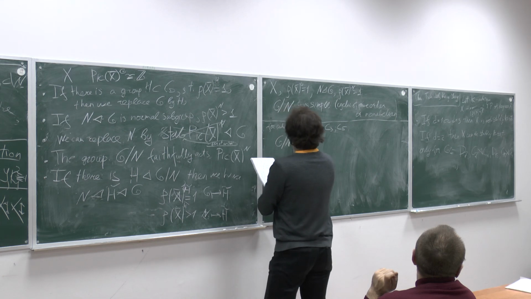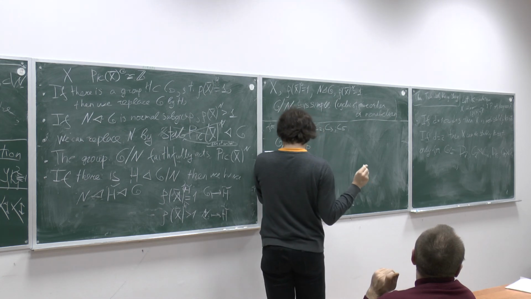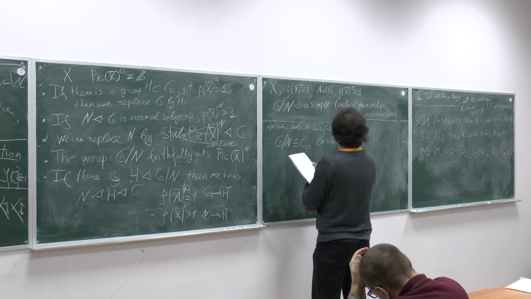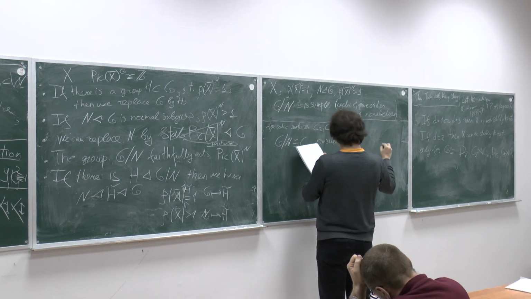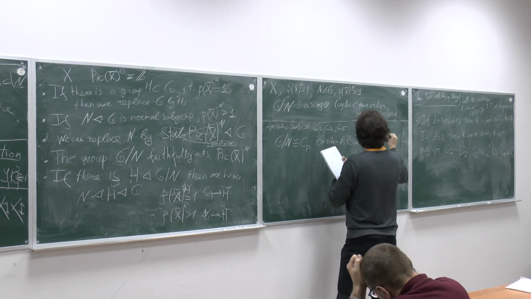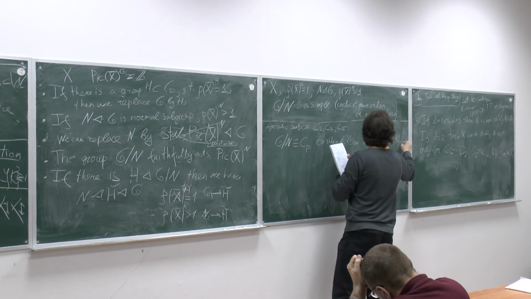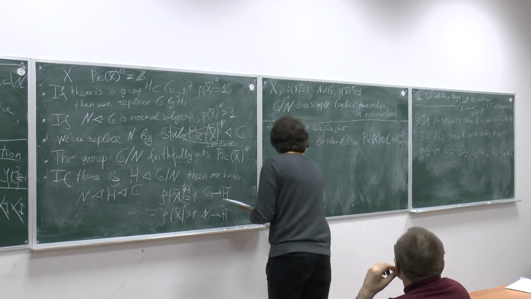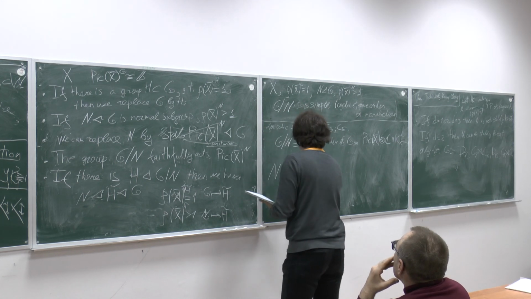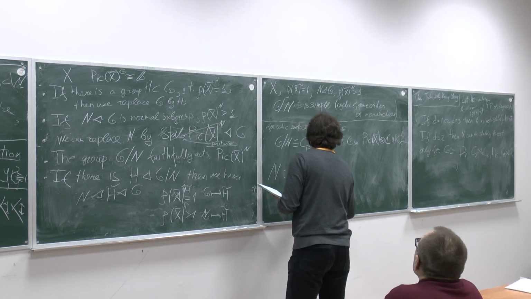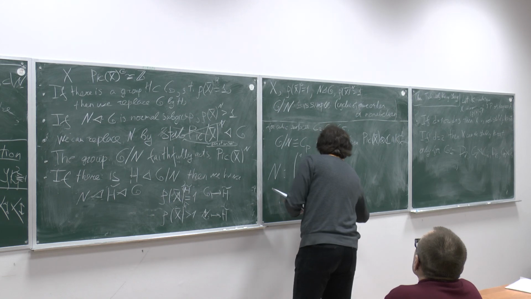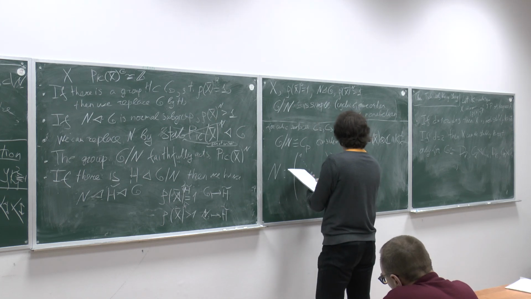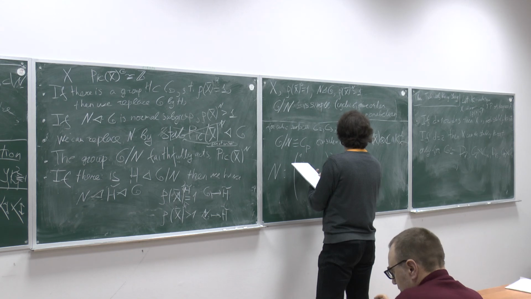We consider the action of G on the orthogonal complement, on this vector space. How can it be written down? The normal subgroup N acts like this, where this coordinate corresponds to a basis for this subspace.